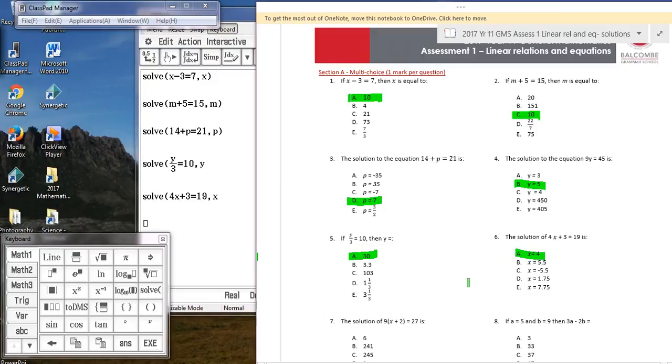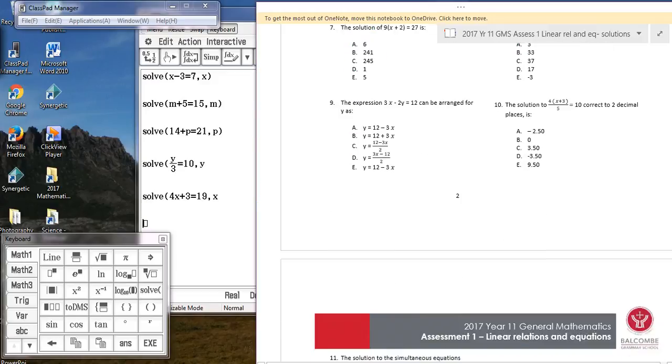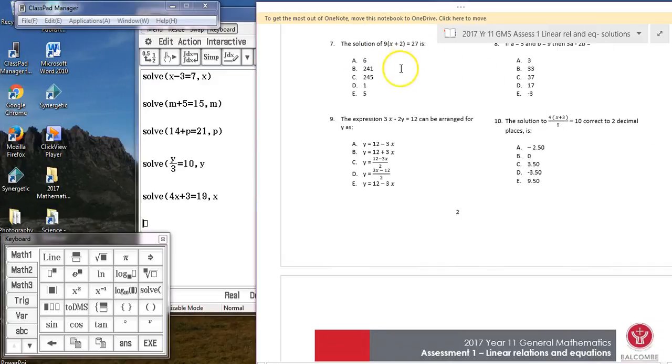Okay, and then just to move the page on, this one, there's a few ways that we could do it.